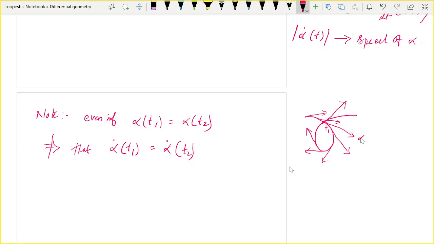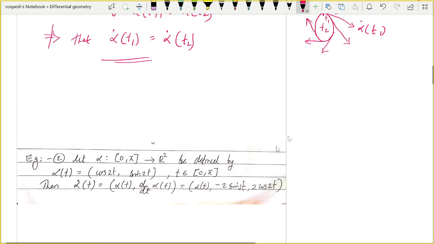This is alpha dot of t1 but this is alpha dot of t2. So even though the points are the same, alpha dot of t1 is not equal to alpha dot of t2. This should be noted: alpha of t1 equal to alpha of t2 doesn't imply alpha dot of t1 equals alpha dot of t2.